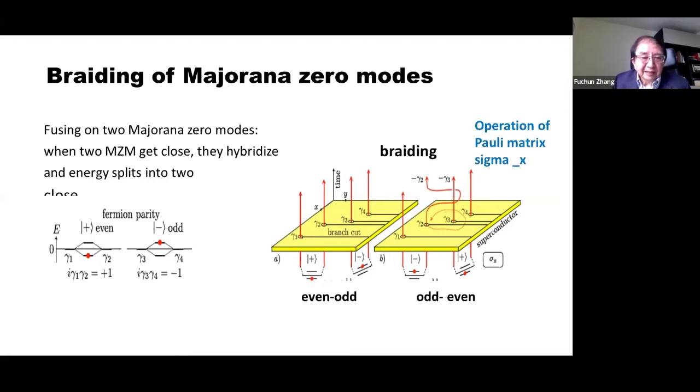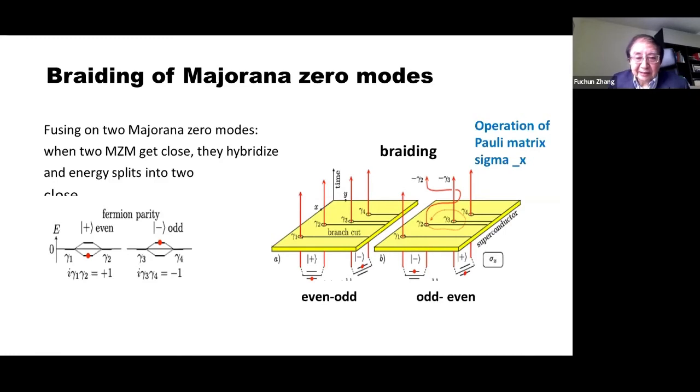That has odd parity. So I have two possibilities when I move two Majorana zero modes together. That process we call fusion. So you have two possibilities, plus and minus, in terms of parity.